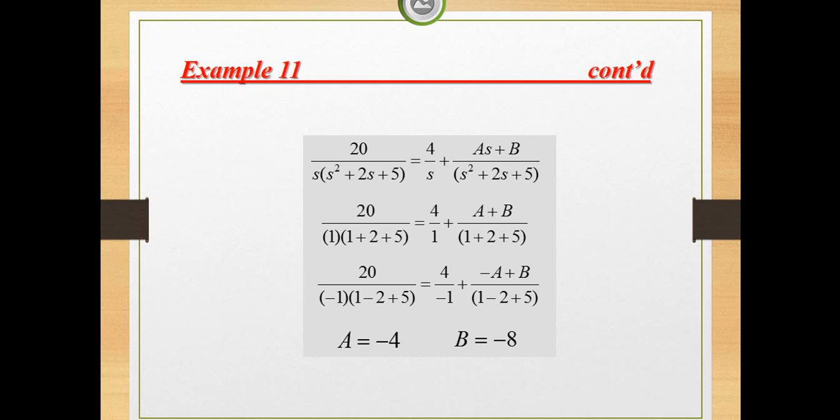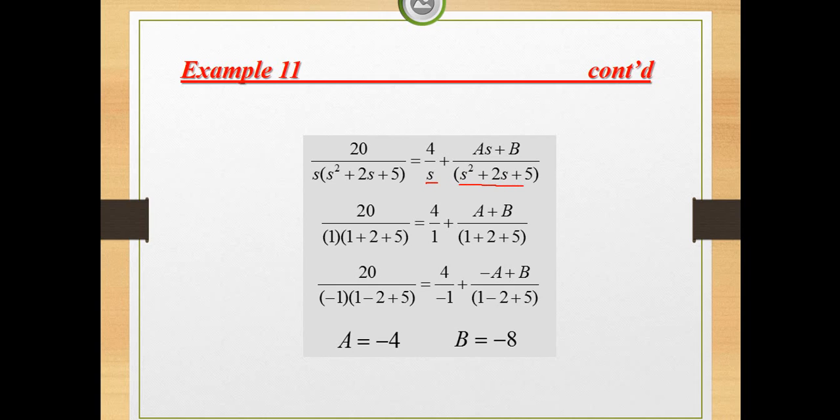Okay? Now, the 20 over s times the quantity s squared plus 2s plus 5 will result to A over s plus Bs plus C over s squared plus 2s plus 5. You have a linear factor here, partial fraction, and you have a quadratic factor, partial fraction.